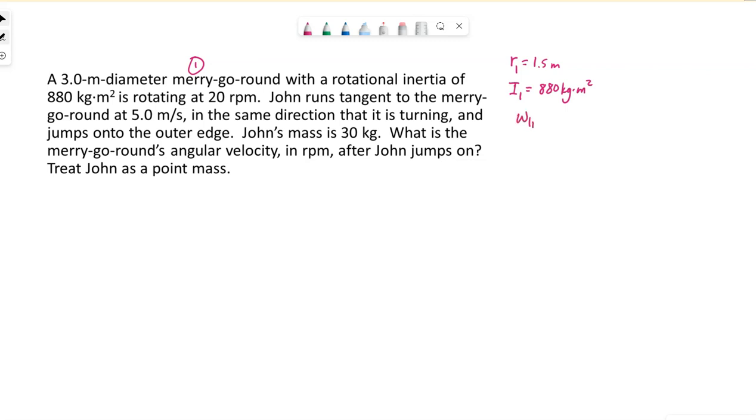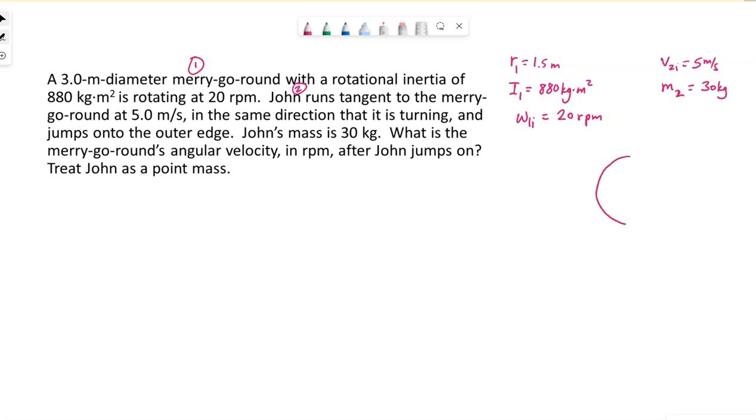Omega 1 initial is 20 RPM. John is object 2. He is running at 5 meters per second, tangent to the merry-go-round, and jumps on the outer edge.